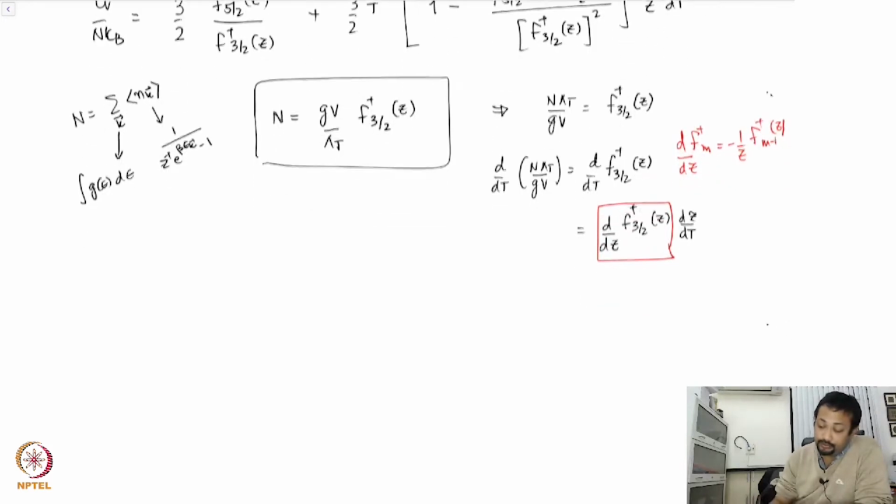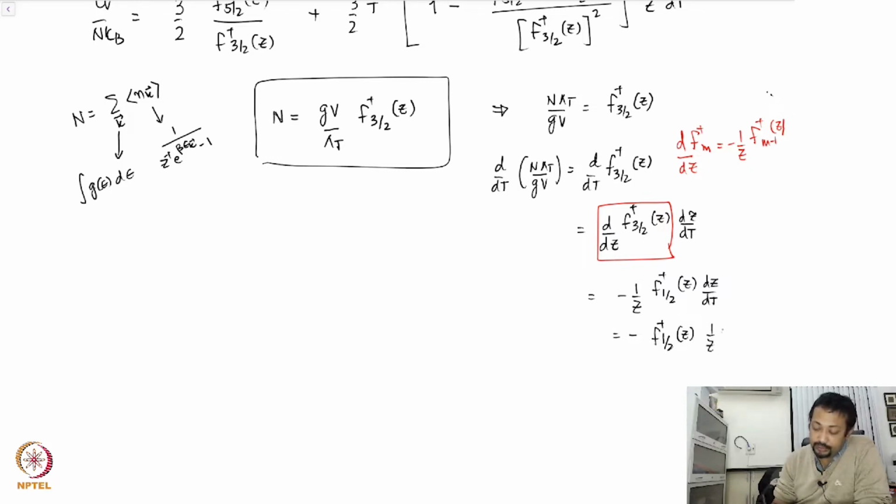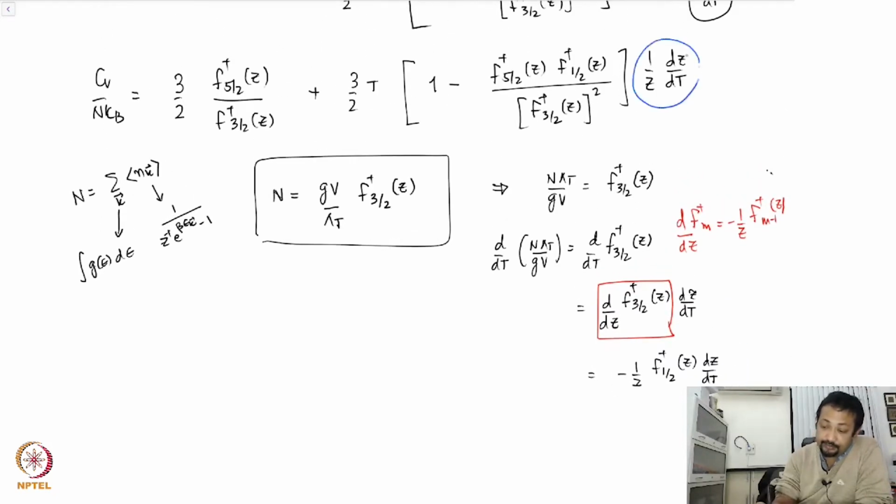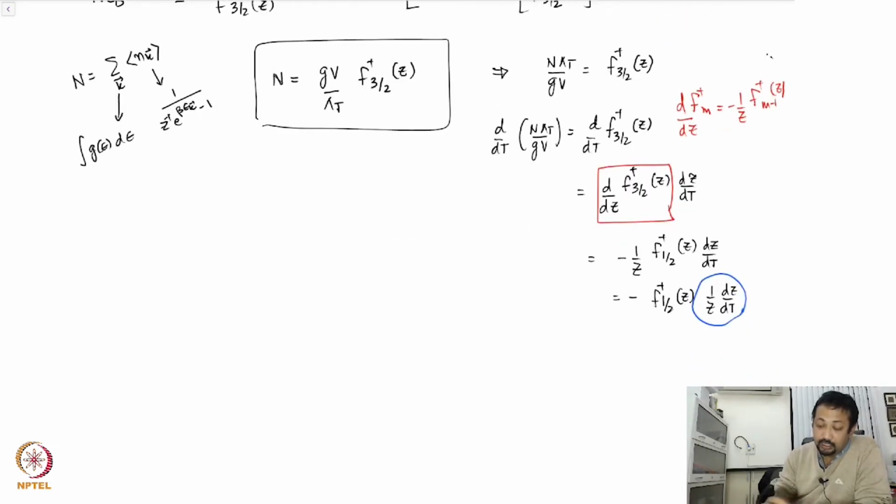So it follows that this derivative is minus 1 over z f plus half, 3 half minus 1 is half, z dz dt, so that I have minus f plus half of z 1 over z dz dt. You see, in the right hand side I precisely have the term which I am looking for, which is already there in the specific heat.